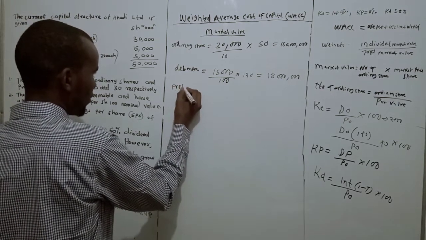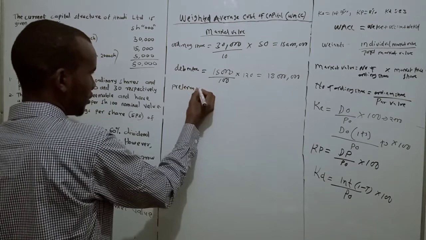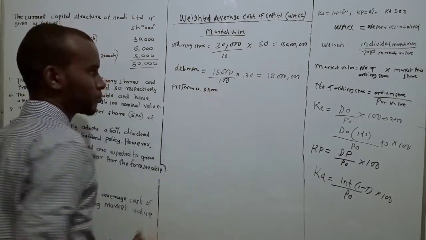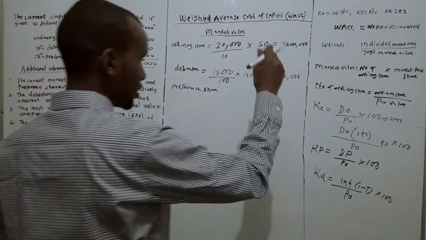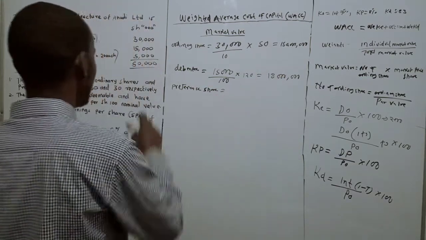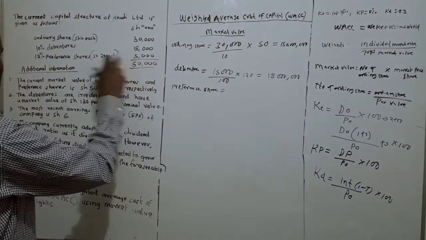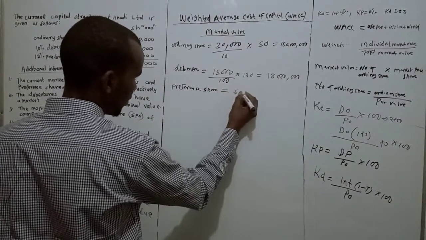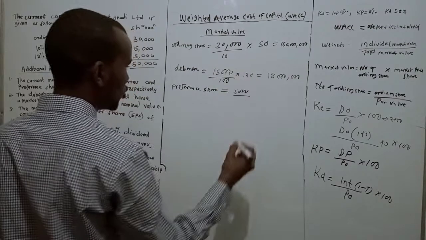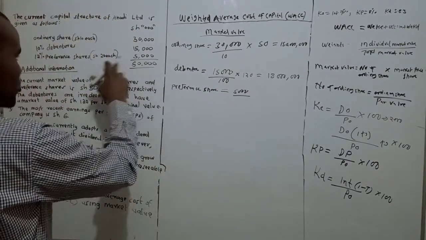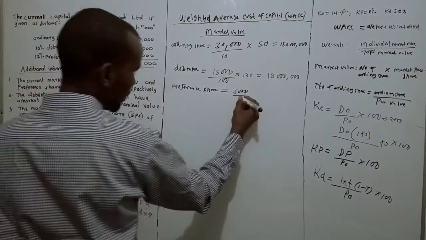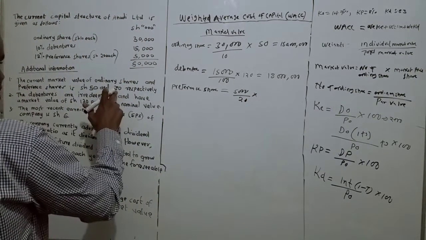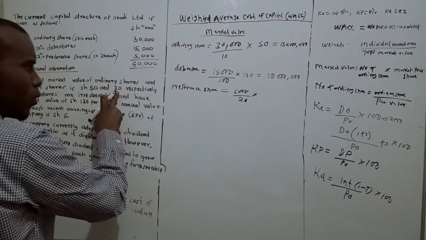Lastly, let's get the market value for preference share. We first get the number of preference shares by taking the 5,000 divided by the par value, which is 20, then multiply by the market price per share, which is 30, from additional information number 1.